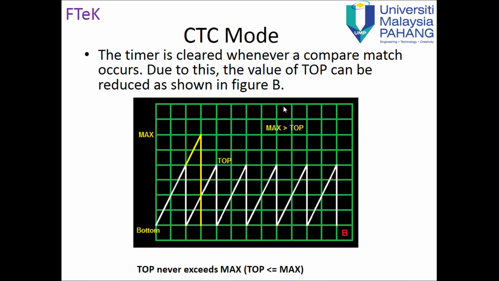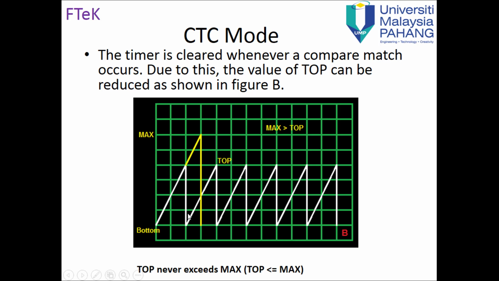For the CTC mode, we have a compare value which is less than the maximum. So the top never exceeds the max. Of course, the top, that means the value at which the compare is reached, is always less than the max. So the timer will increase until it reaches the top and go back to 0 before it reaches the max.